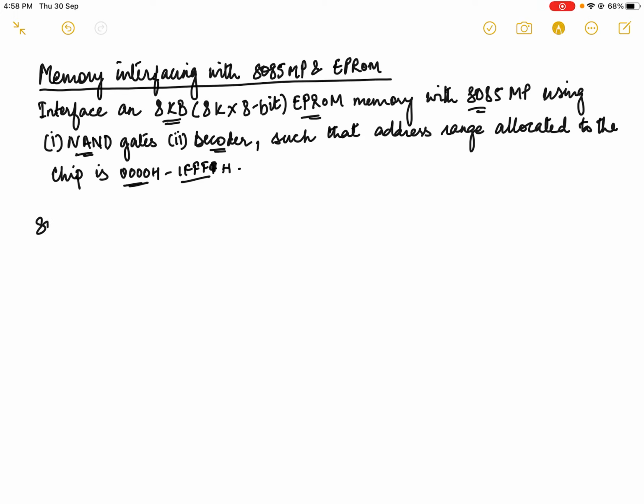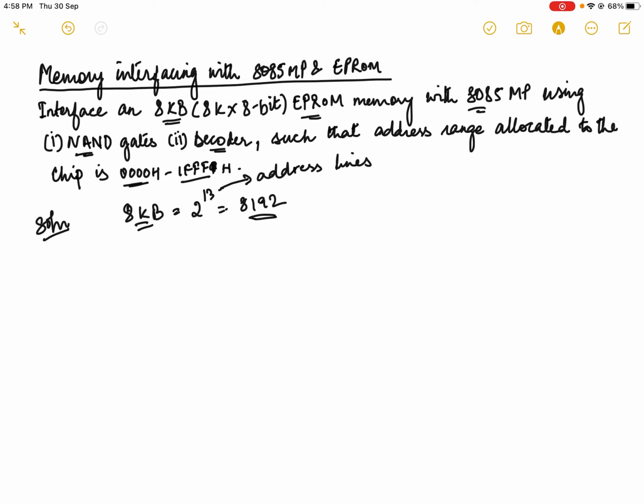So the solution to this: first you have to find how many address lines are needed. For an 8 kilobyte memory, you need 2 to the power 13, which gives you 8192 memory locations. Generally this is interpreted as 8K; they just round it off to 8K, and you need 13 address lines.